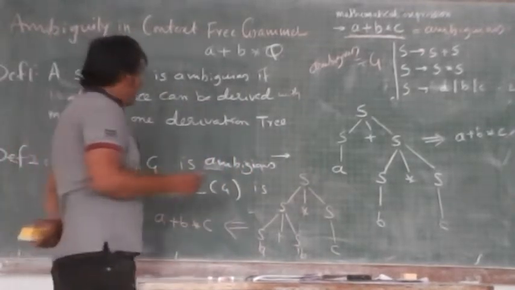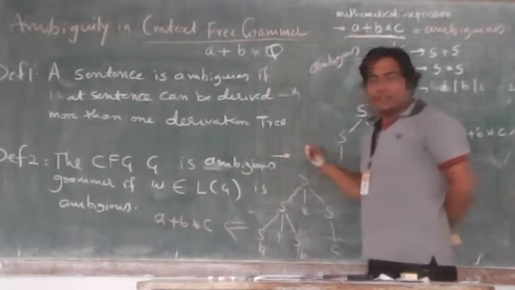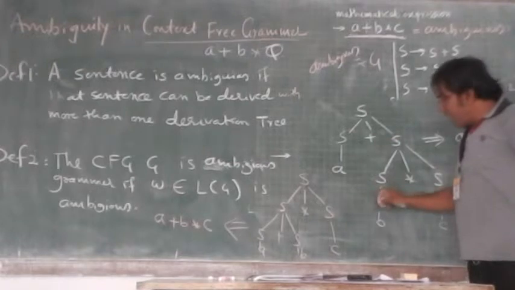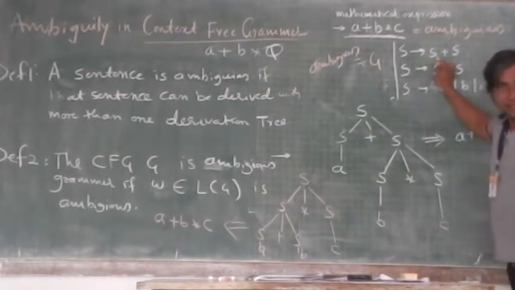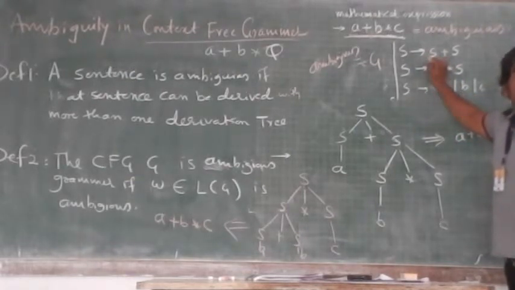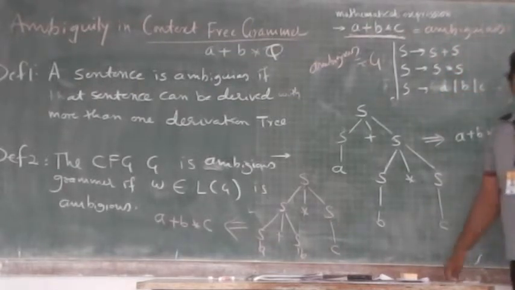Okay, this is about ambiguity of a context-free grammar. And this ambiguity is an unwanted part of this grammar. What I need is that my grammar should produce sentences such that for every sentence I should be able to have a single derivation tree.